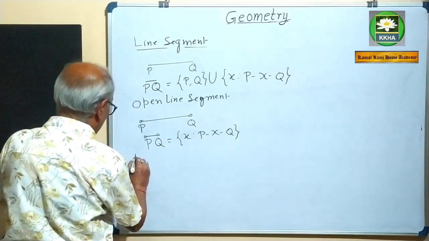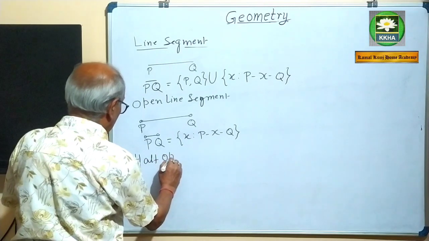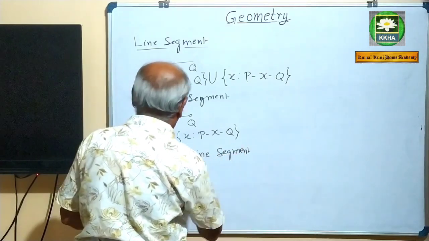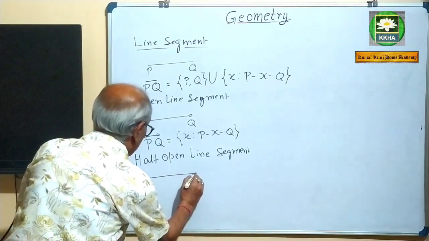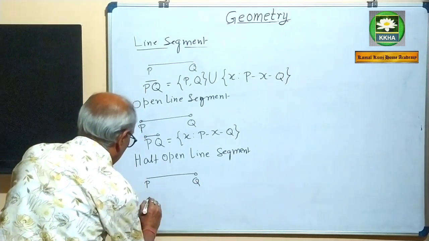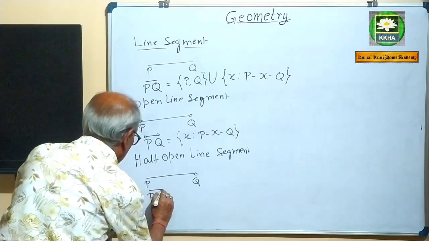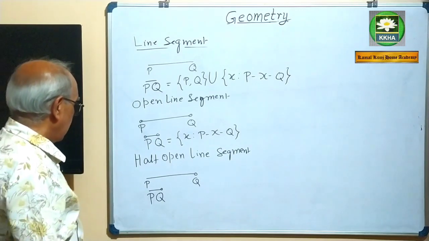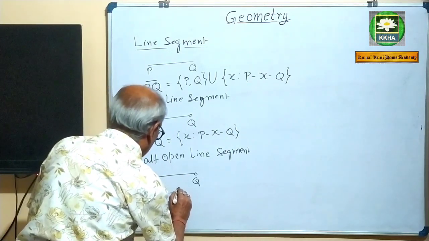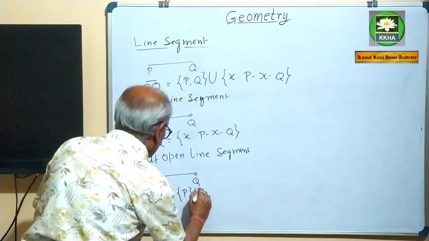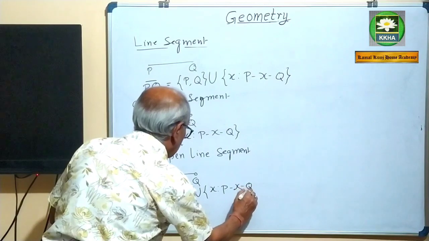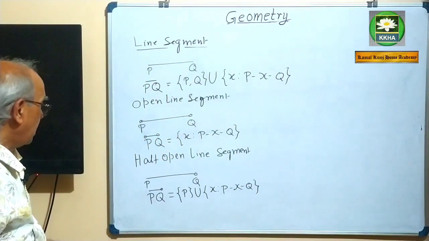Half open line segment PQ is represented as the set of P and all the points between P and Q, equal to {P} union {X such that X is between P and Q}. This is called a half open line segment.